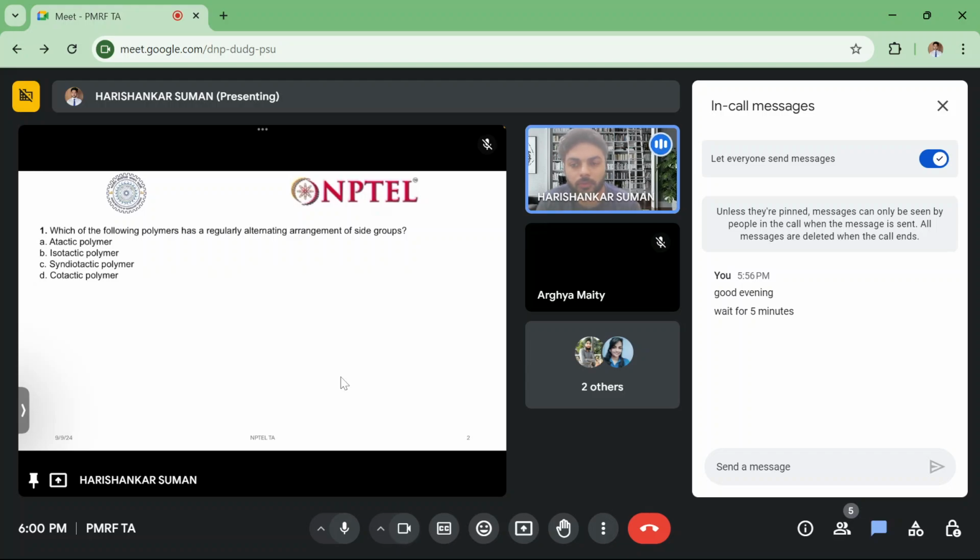Which of the following polymers has a regular alternating arrangement of side groups? Options A, B, C, D are given. If you have an idea, you can write the correct answer in the chat box.